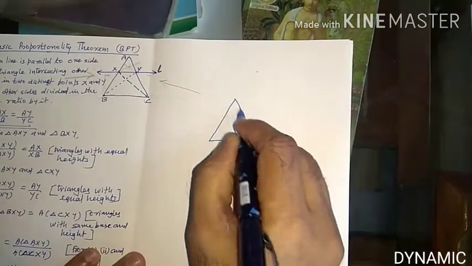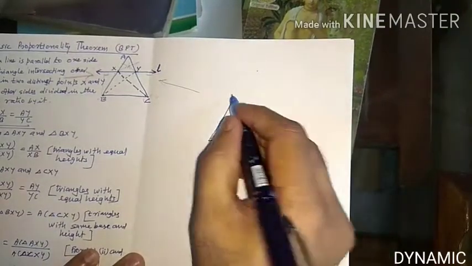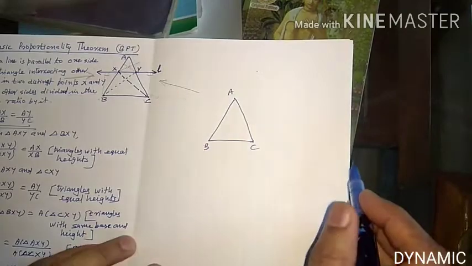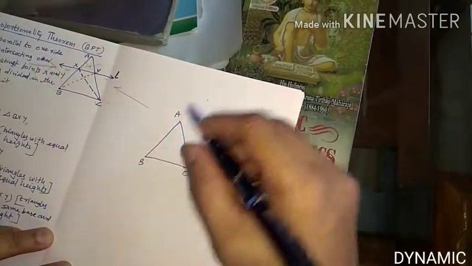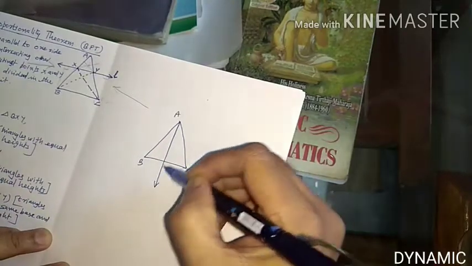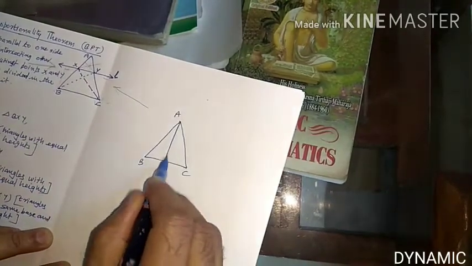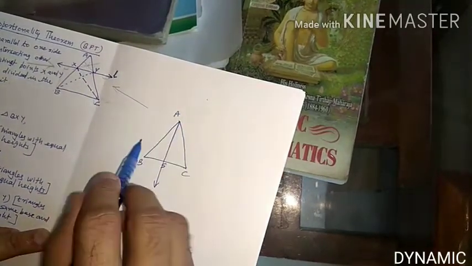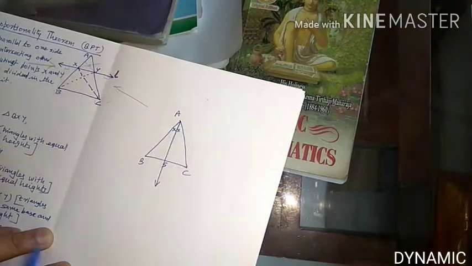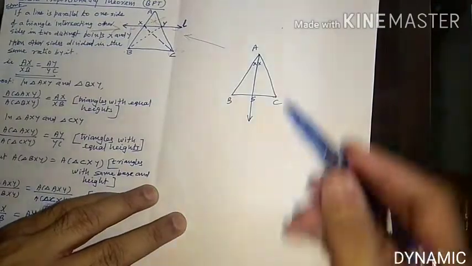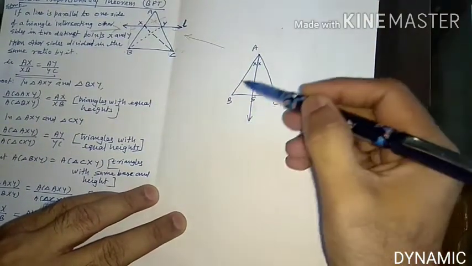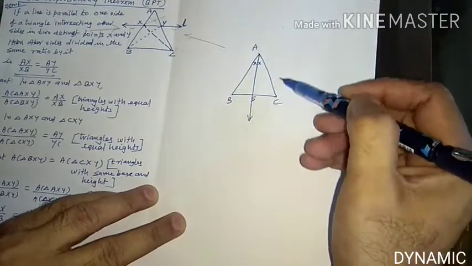Suppose we take a triangle ABC. There is an angle bisector. Suppose this is S. AS is bisecting angle BAC, meaning these two parts are equal. Ray AS bisects angle BAC.